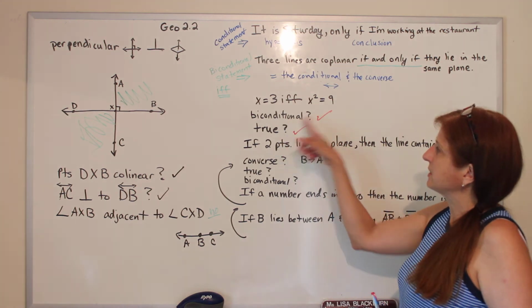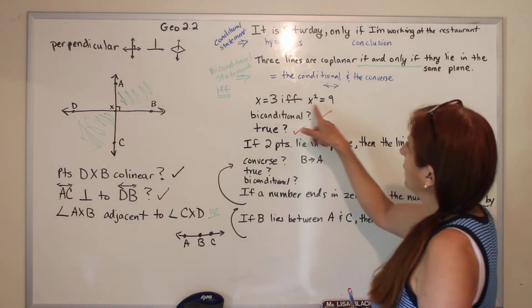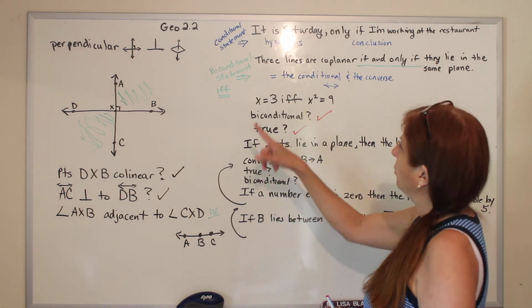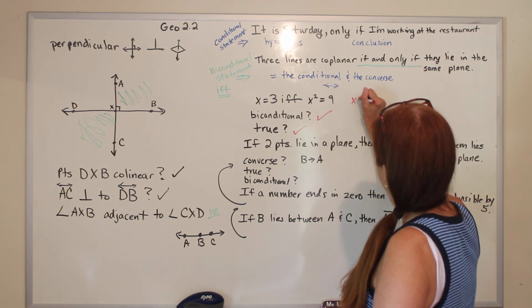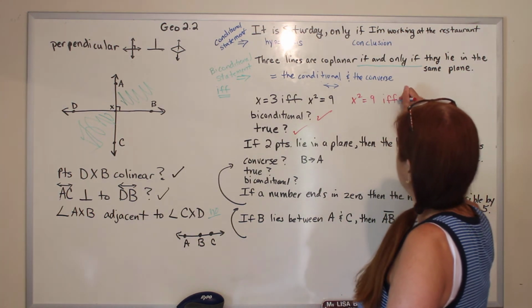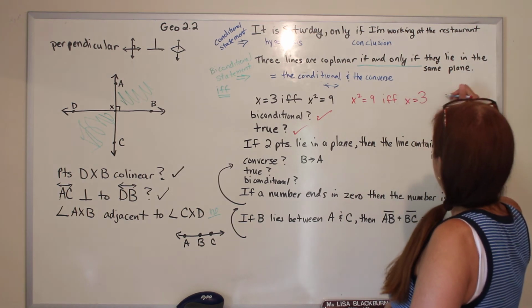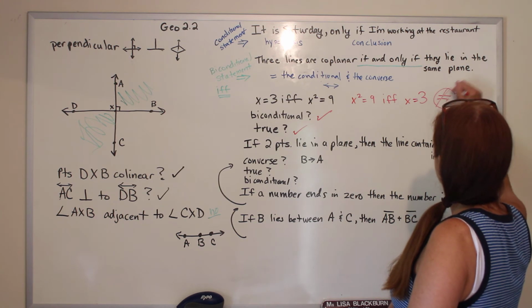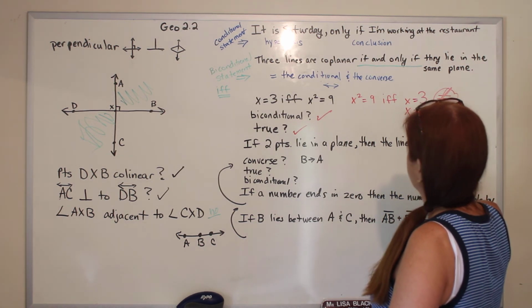Okay, so the book says that it's biconditional because it says "if and only if." But if we did the converse, would the converse be true? It would be x squared equals 9 if and only if x equals 3. And that is not true because it could also be x equals negative 3.